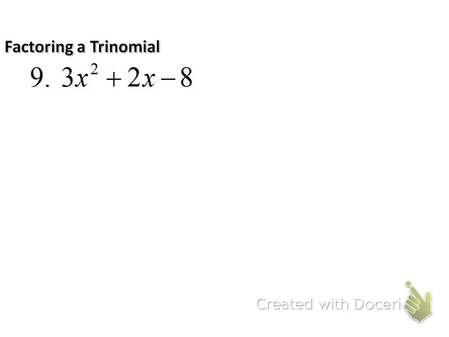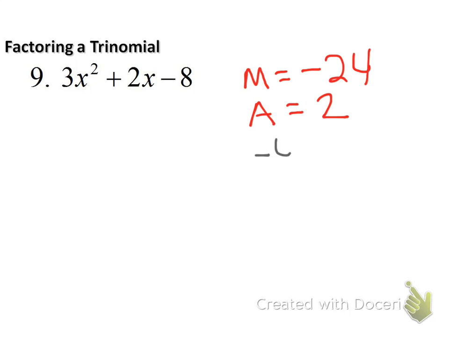What's the multiply number? Negative 24. What's the add number? 2. Good. Negative 6, positive 4. Or positive 4, negative 6. Negative 4, positive 6.